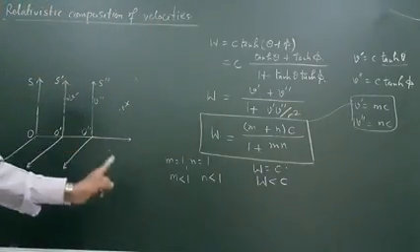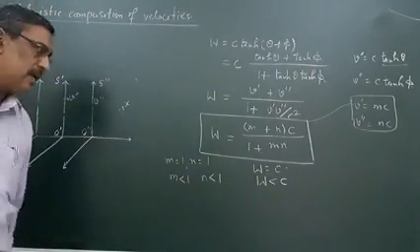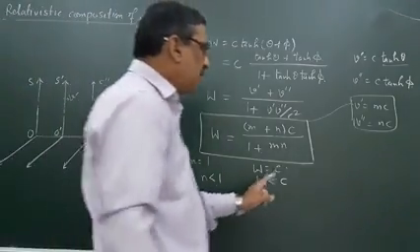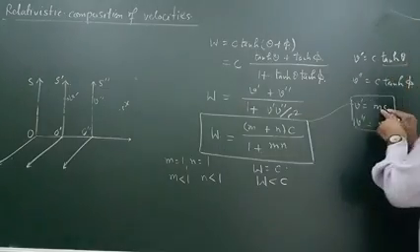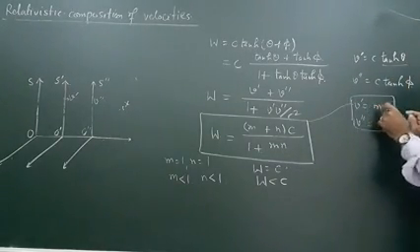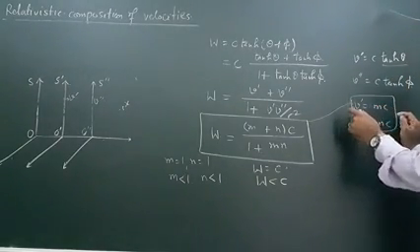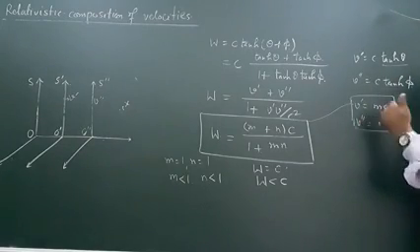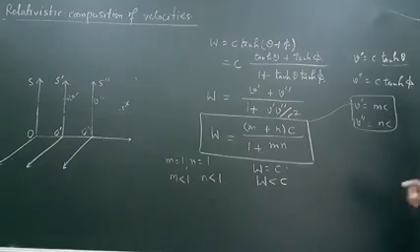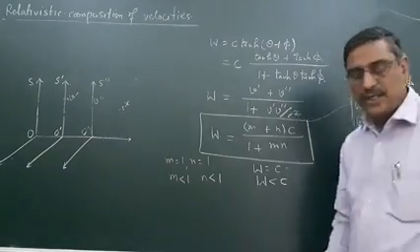So if both are less than 1, w is less than c. It means if the second frame is moving with less than the velocity of light, and the third frame also with less than the velocity of light, then w is less than c.